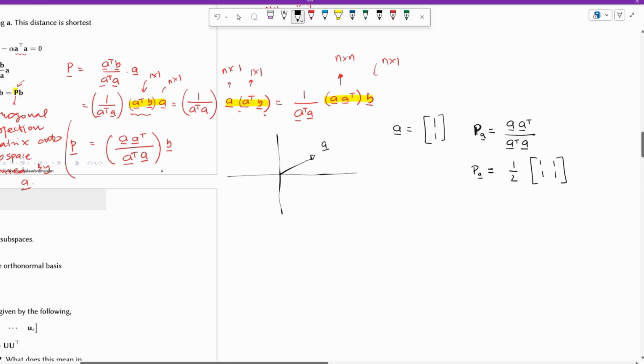Now, if I give you a vector B, it is 2 1. Now that you have the projection matrix, you can easily do it. You can quickly do it.